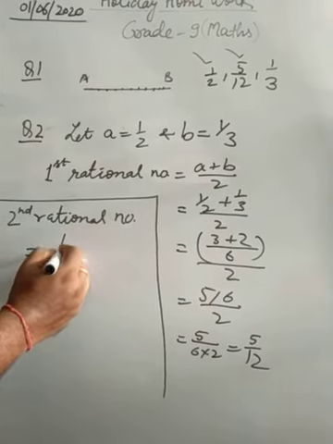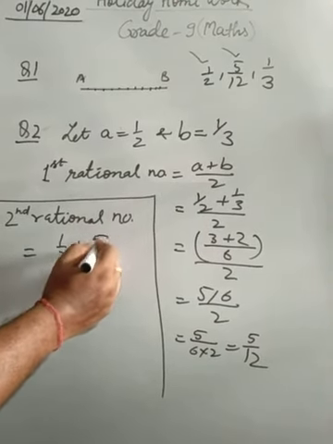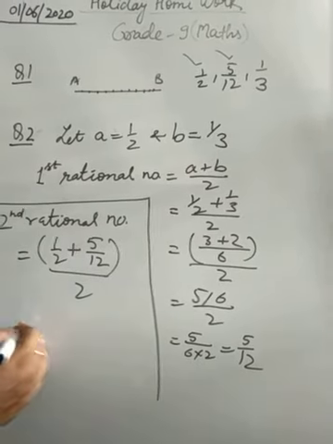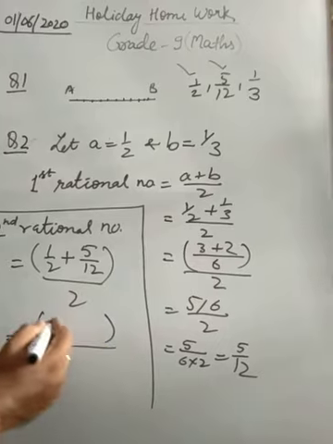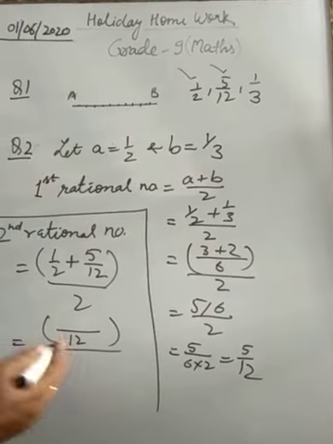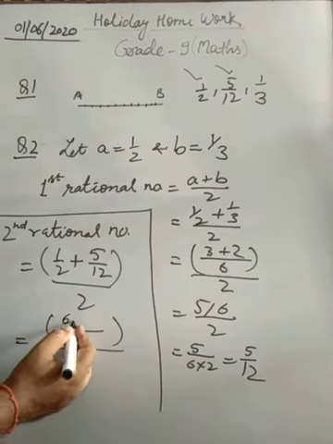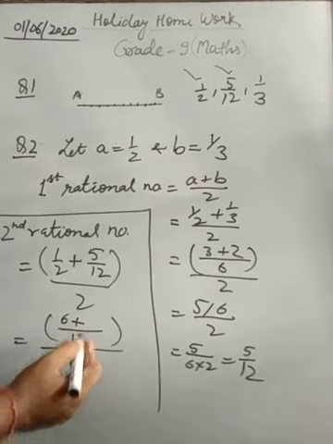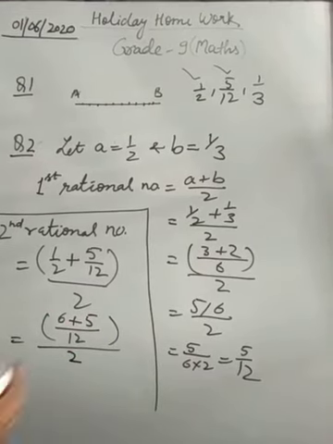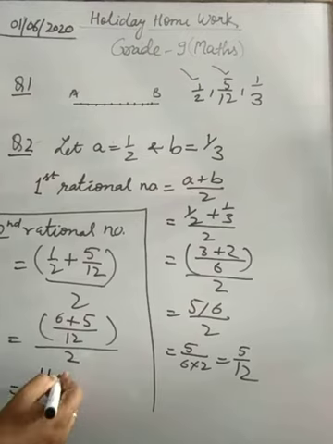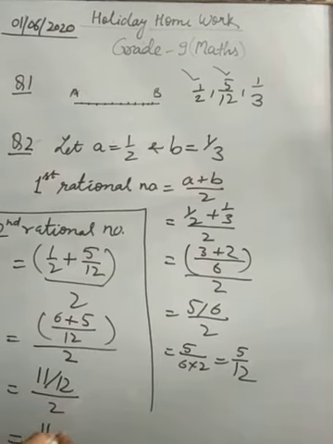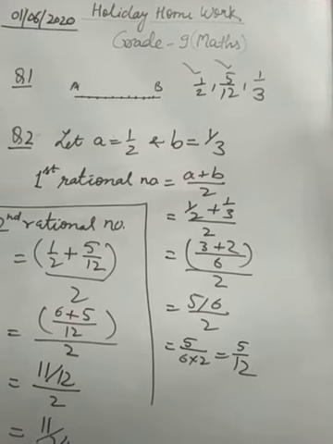So it is (1 upon 2 plus 5 upon 12) upon 2, and the LCM of 2 and 12 is 12. 2 sixes are 12, and 12 ones are 12, so 6 plus 5, it is 11 upon 12 whole upon 2, and finally this will be 11 upon 24.